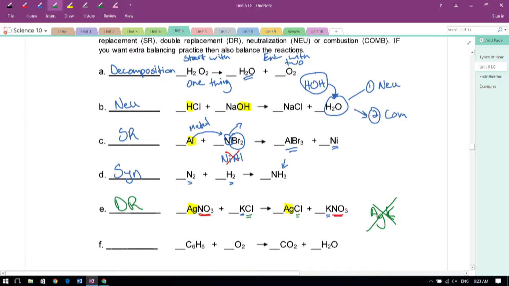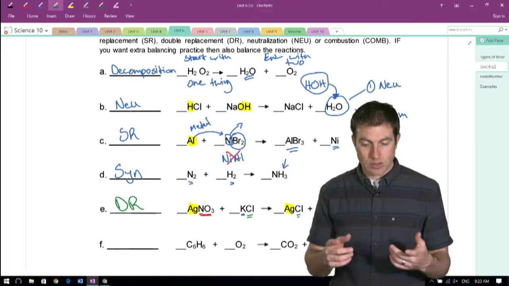We can only switch the metal with the metal. There's no other possible combination. Knowing this, knowing that we can't have two metals, with that in mind, that's the only possible outcome we could have there, would be them just switching.